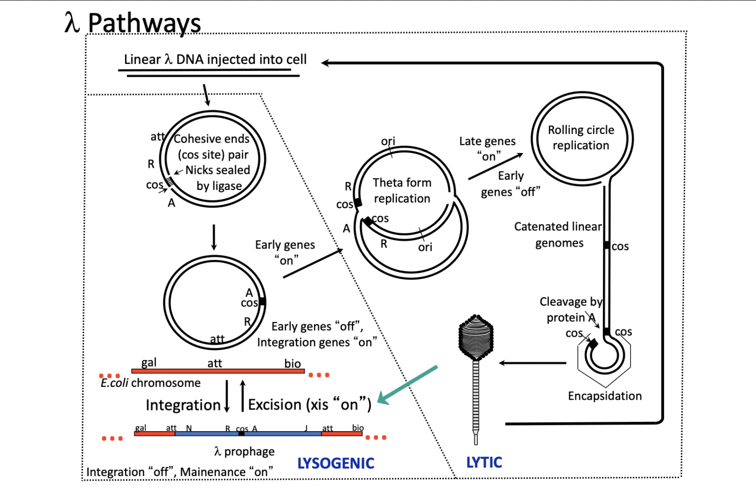So it first excises from the host chromosome, circularizes, and then you get theta form replication, which is sort of the normal type of replication you see in bacteria. And then later it switches to rolling circle replication, which puts out a linear concatemer of the genome of lambda.